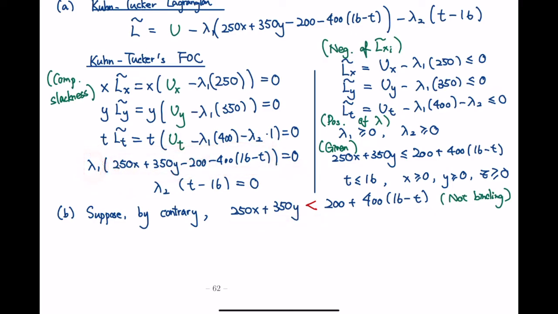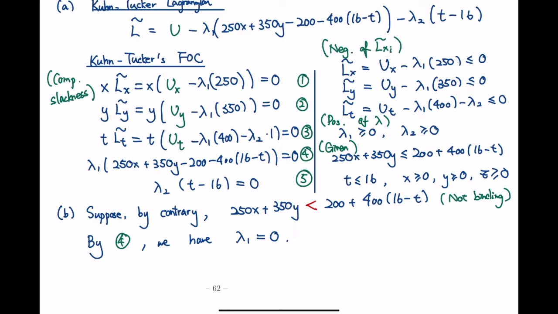That's the idea. So let me label the equations. You have equation 1, 2, 3, 4, 5. So by equation 4, we have lambda 1 equals 0.